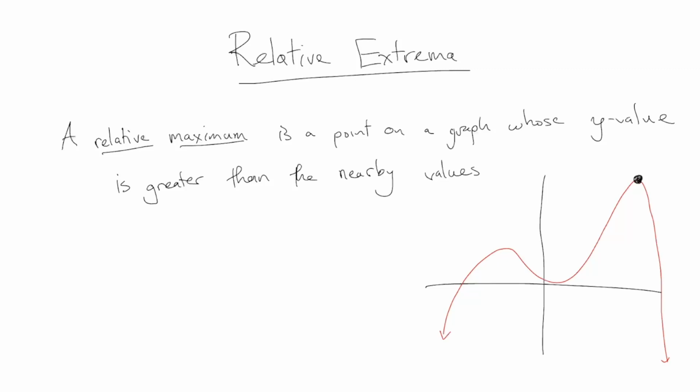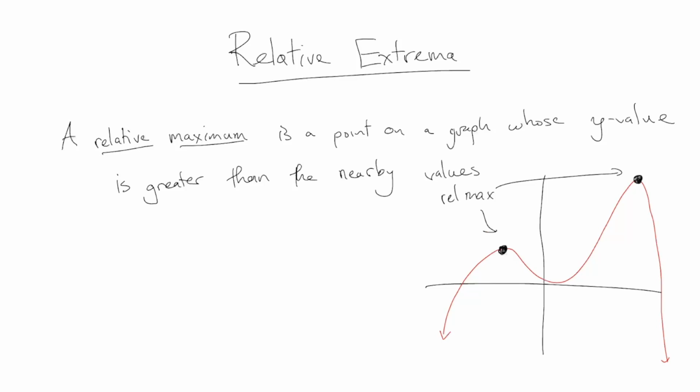And I see another one over here. This is also a relative maximum because the y value is higher than all the nearby y values. Now this one, its y value is not higher than the ones all the way over here, but at least for the ones nearby, it is higher than all the other ones. That's what the word relative means. It means only the ones nearby, not all of them overall. So those two points are relative maximum points.